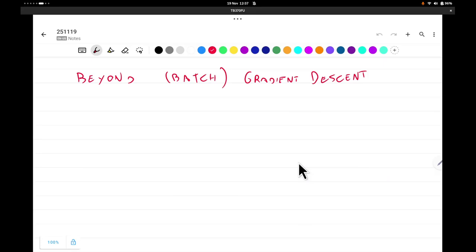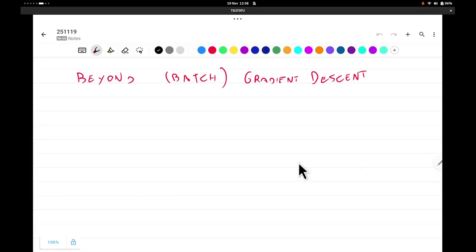So you typically want to shuffle the order of all the data points. So you randomly shuffle, you just invoke some kind of random number generator and do the reordering of your data points.